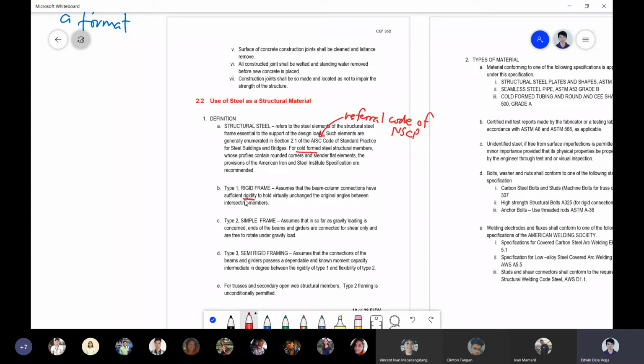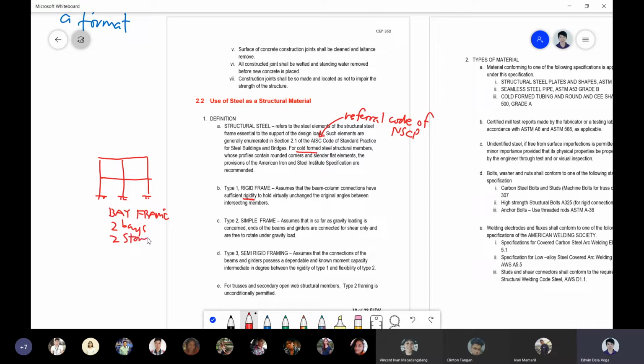Okay? So if you have here a frame, samples of frames are building frames. You call this a bay frame. So how many bays do you have? You have two bays and two stories.